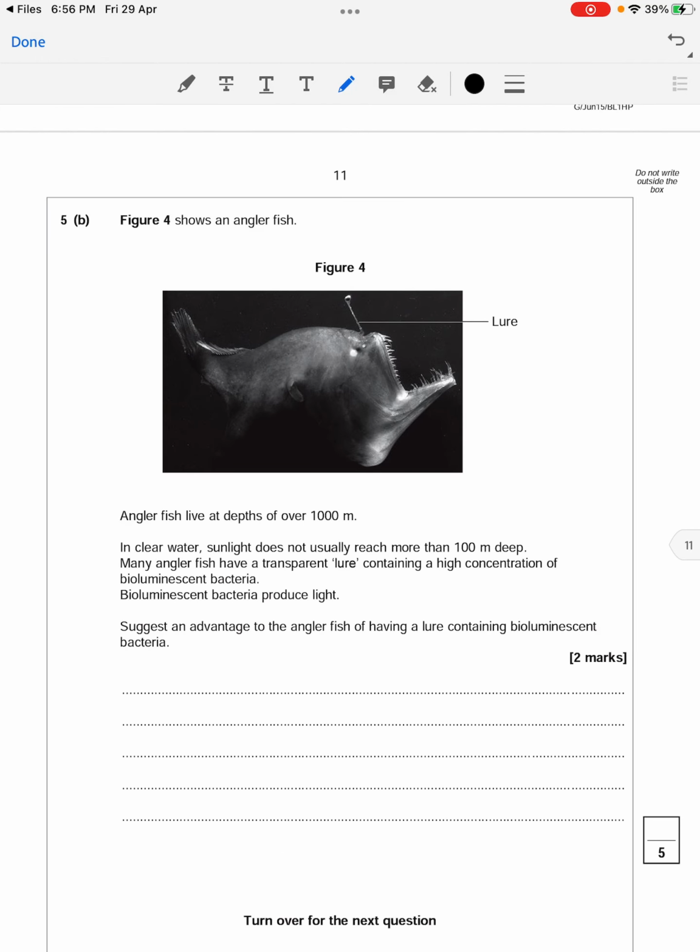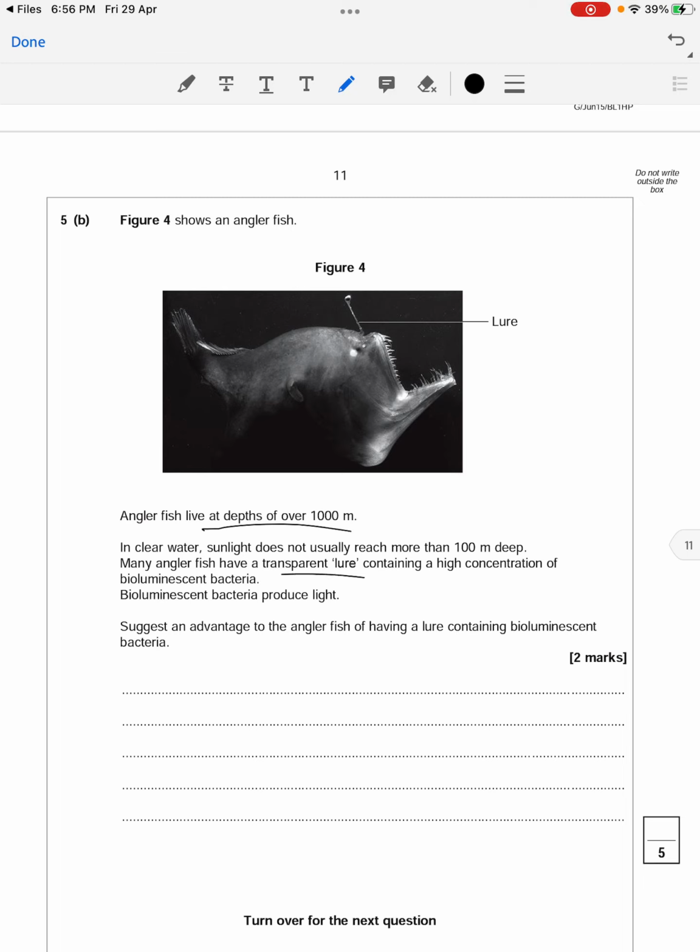So now anglerfish live at depths of over 1,000 meters in clear water. Sunlight doesn't usually reach more than 100 meters deep. Many anglerfish have a transparent lure containing a high concentration of bioluminescent bacteria. You would have seen in many movies these fish attract the protagonist, and it lures the prey into its mouth, but the ball of light mainly acts as a distraction.